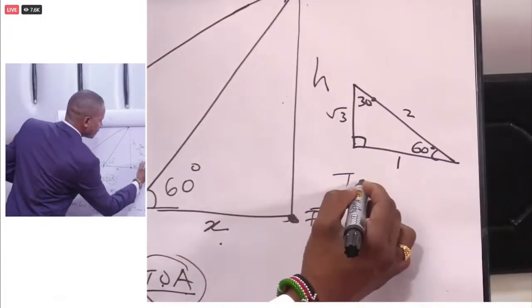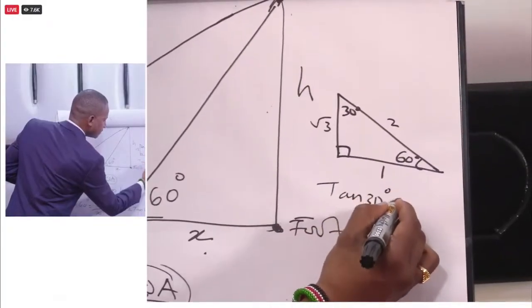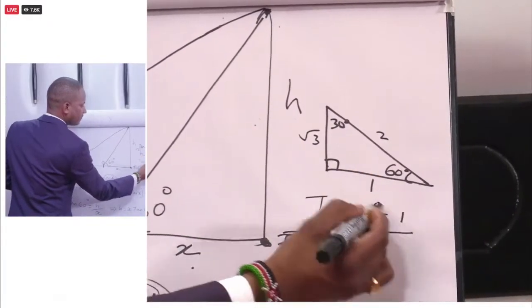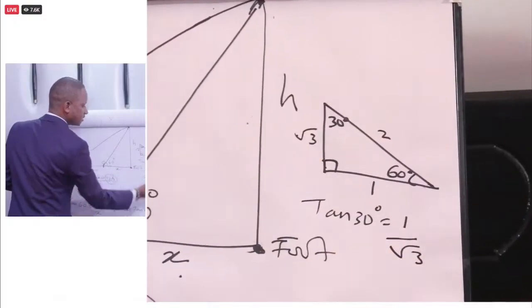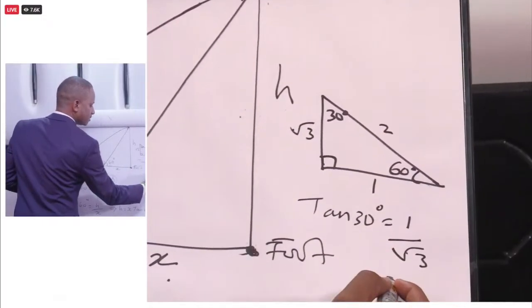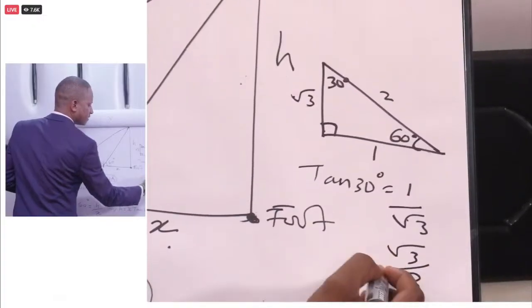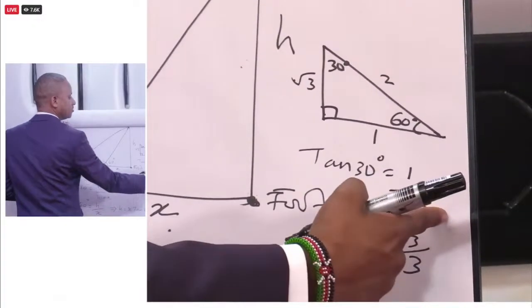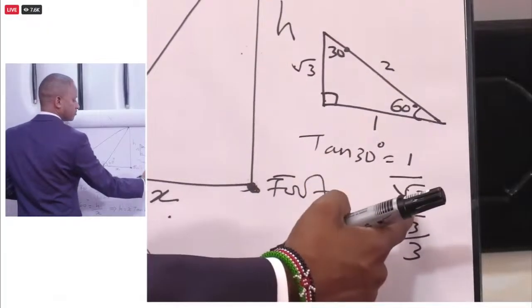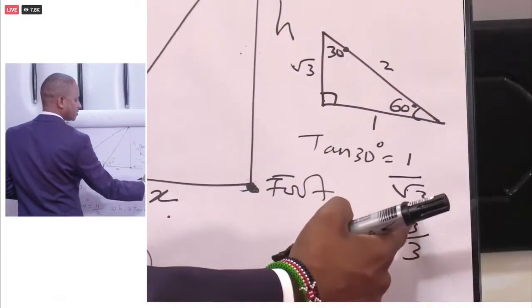Tan 30 degrees equals opposite, which is 1, over adjacent, which is root 3. 1 over root 3, you rationalize because it is a surd, by multiplying the denominator by root 3 and the numerator by root 3. You will remain with root 3 over root 9, which is root 3 over 3.